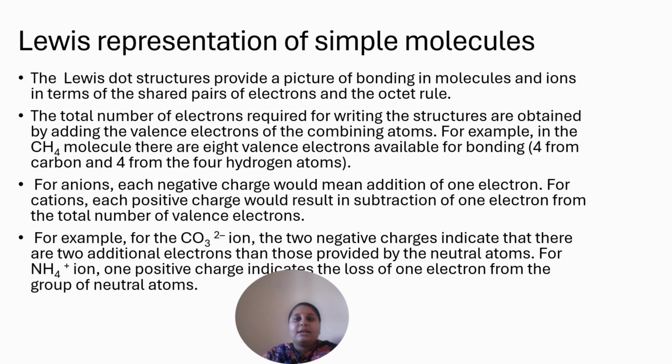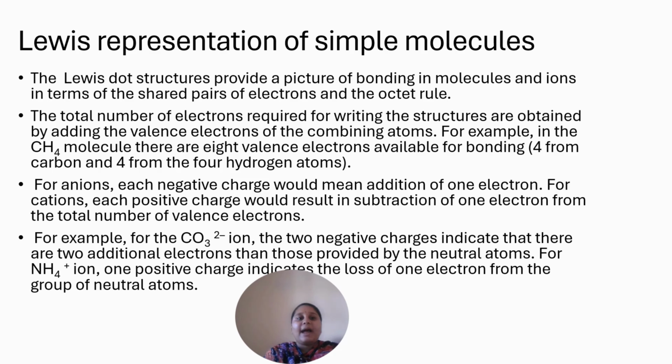After accounting for the shared pairs of electrons for single bonds, the remaining electron pairs are utilized either for multiple bonding or they remain as lone pairs. The basic requirement is that each bonded atom gets an octet of electrons. So this is the Lewis representation of the molecules.